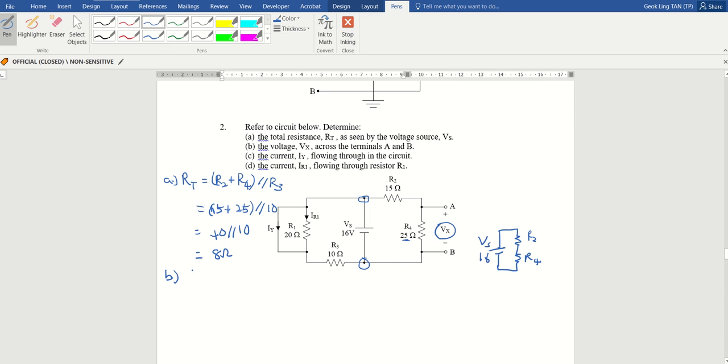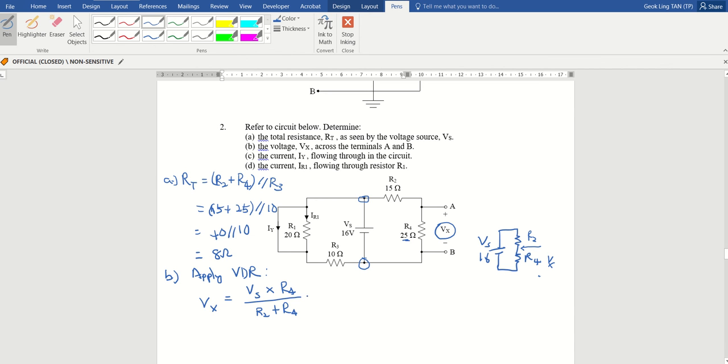So with this, you can apply the voltage divider rule, VDR. With VDR, Vx is equal to the voltage drop across the resistor R4. So it's Vs multiplied by R4 divided by R2 plus R4.